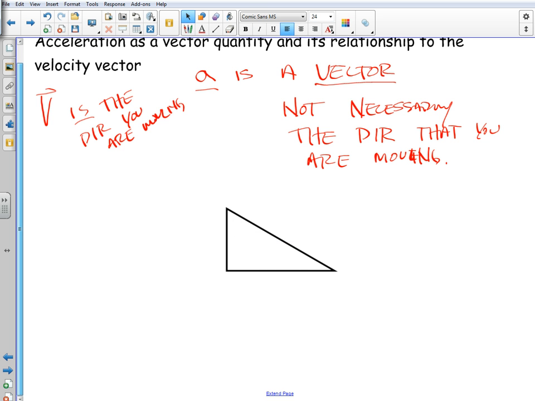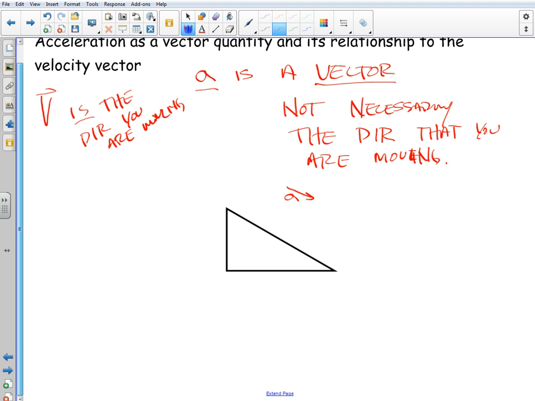All right. So if I have a ramp and I have a cart or a ball or something on that ramp, in fact, I don't even need to put the cart or the ball on it yet. Which way does this ramp that I've drawn accelerate things? Which way do you think its acceleration is always pointed? You look at it and you're like, well, acceleration is always going to be that way. You would be right.